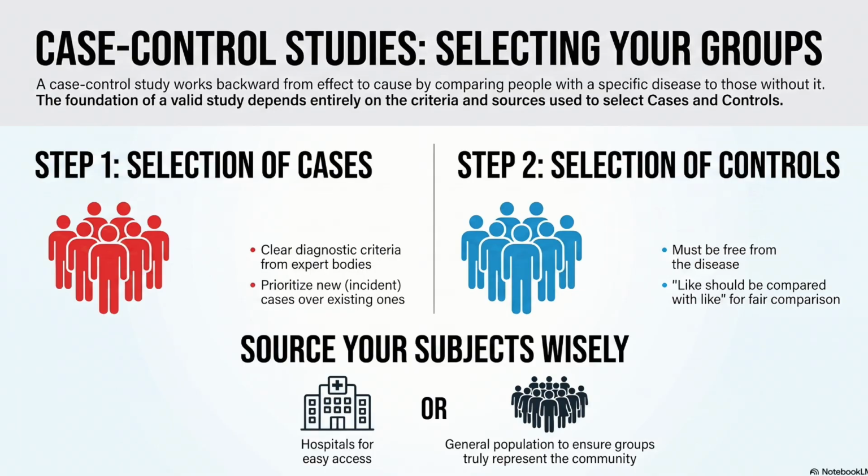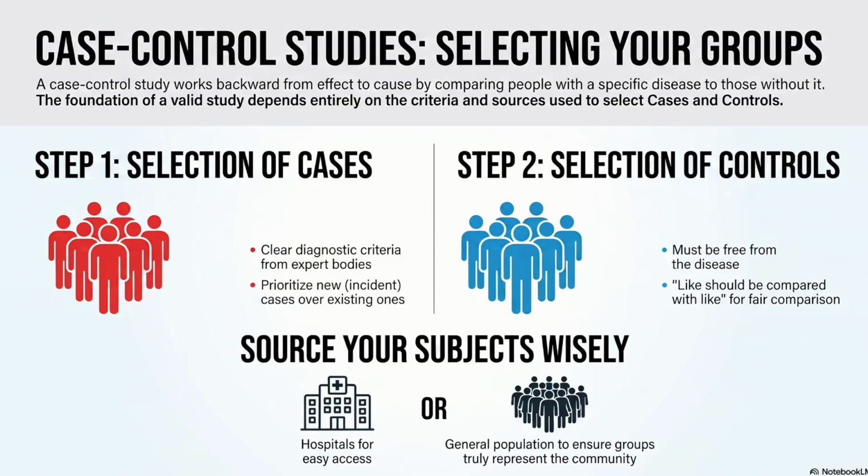First, researchers select the cases. Cases should have a clear and standardized diagnosis, preferably based on accepted clinical criteria. Whenever possible, newly diagnosed or incident cases are preferred because they reduce bias. Next come the controls. Controls should come from the same population as the cases but should not have the disease under study.